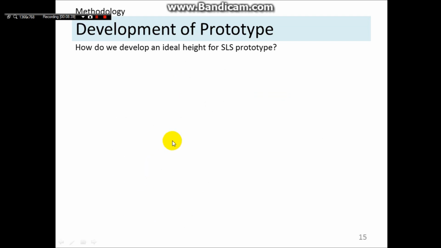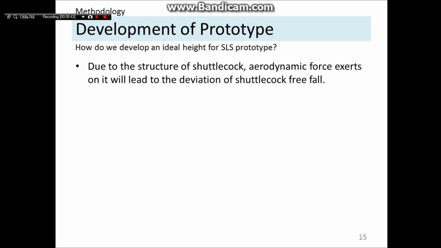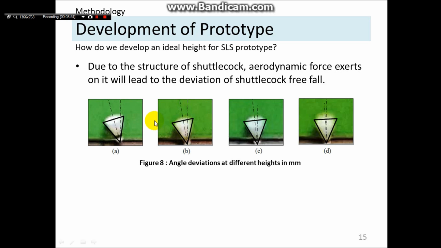Next, how do we develop an ideal height for the SLS prototype? Due to the structure of the shuttlecock, the aerodynamic force exerted on it will lead to a deviation of the shuttlecock's free fall. These four figures show the angle deviation at different heights in millimeters: 500, 600, 700, and 800 millimeters.